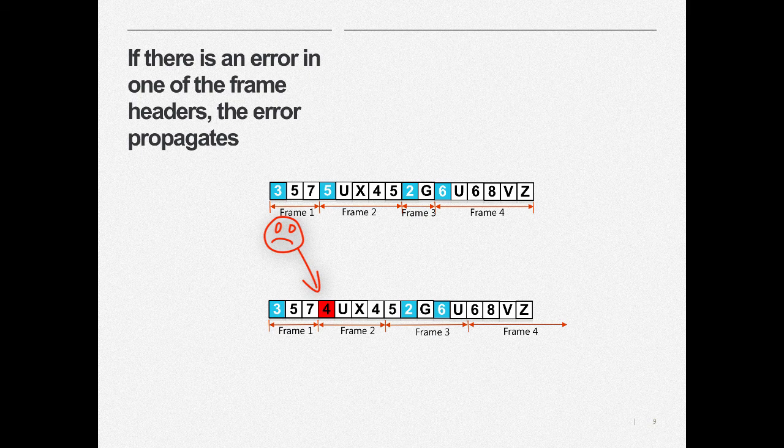And what ends up happening is that the borders, the frontiers between the different frames get shifted, and the error will propagate. So once one frame is in error, all subsequent frames will be in error, or at least until by coincidence you end up having the appropriate boundary.